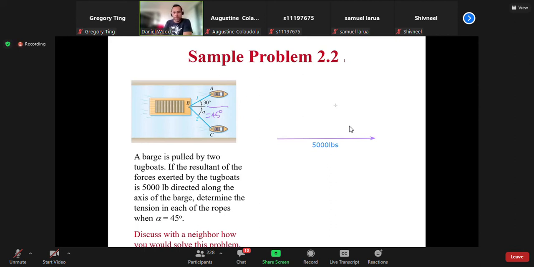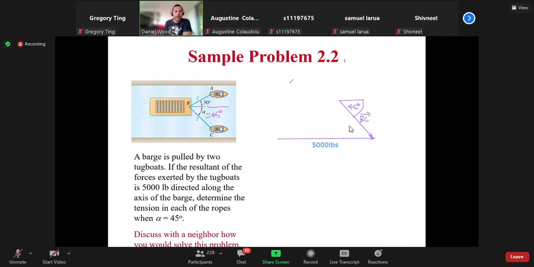So the triangle rule says that rope 2, which is from B to C, is acting at 45 degrees. So that is 45 degrees in here, and that is vector BC.